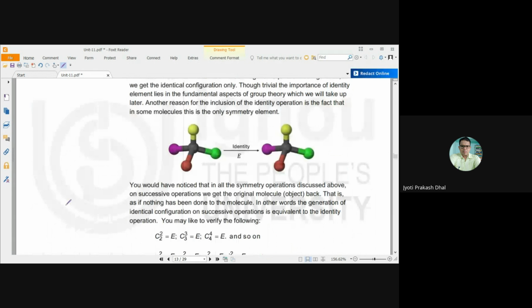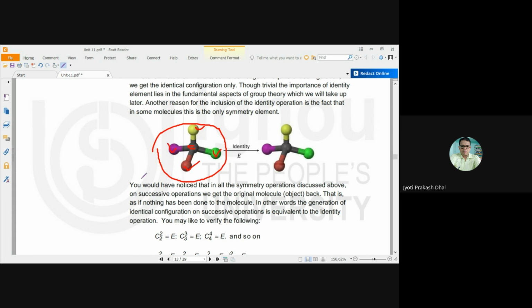That means in case of identity, the operation is doing nothing. That is called identity. So here, suppose this is the carbon atom. The first one is hydrogen, then chlorine, then fluorine, then bromine.